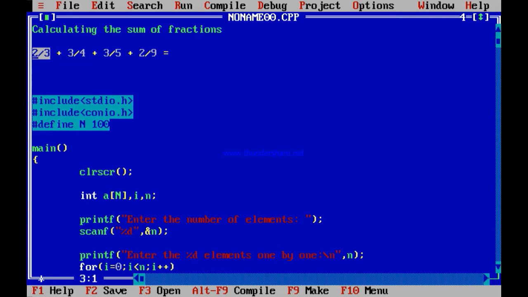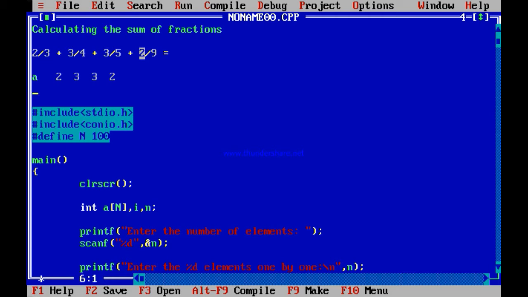Say suppose the user has wanted 2/3 plus 3/4 plus 3/5 plus 2/9. In that case, you will take an array A, and in that array you will enter only the numerators. See, 2 is a numerator, next fraction 3 is a numerator, next fraction 3 is a numerator, next fraction 2 is a numerator.